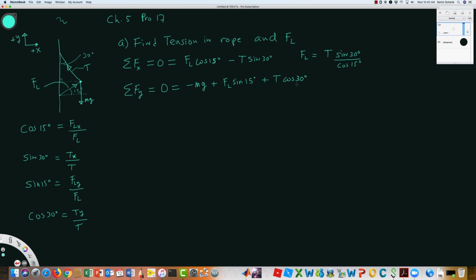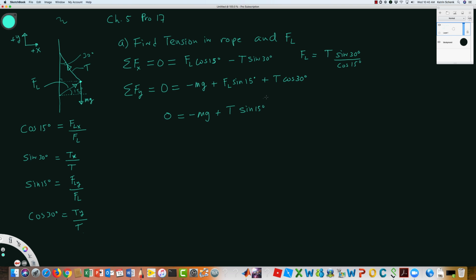All right, so now we could substitute in here for FL, right? Because we have FL in terms of T. So why don't we do that? So we have 0 is equal to minus mg, and then plus FL, which is T sine of 15 degrees.